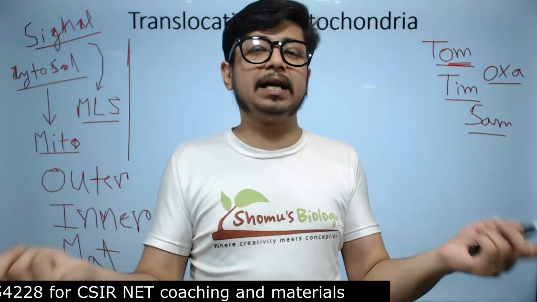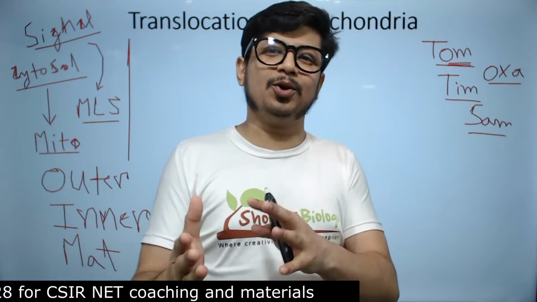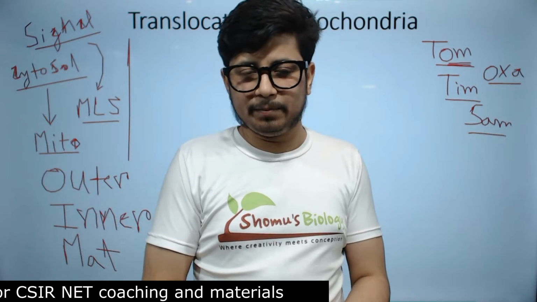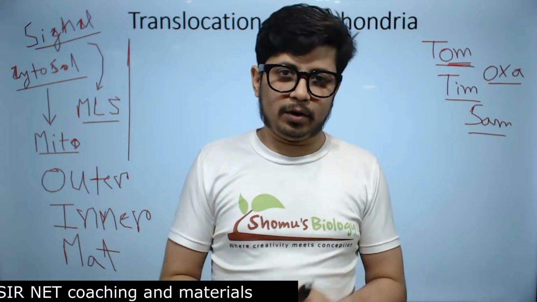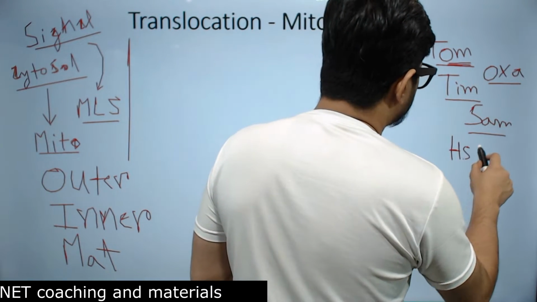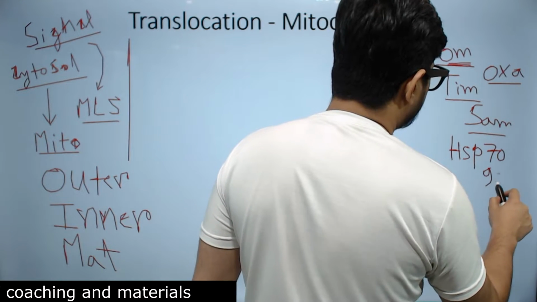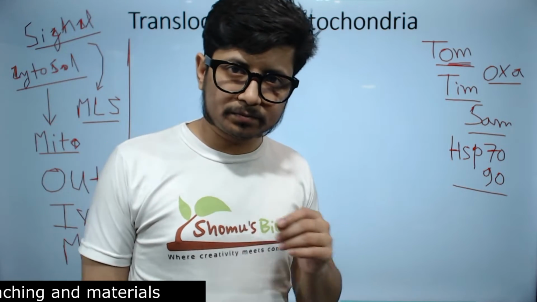The folding will be done after it is transferred inside the mitochondria. Because a nascent peptide can misfold, to prevent misfolding we also have heat shock proteins, also known as chaperones. Basically heat shock protein 70 and heat shock protein 90 are involved in the process of mitochondrial protein delivery.